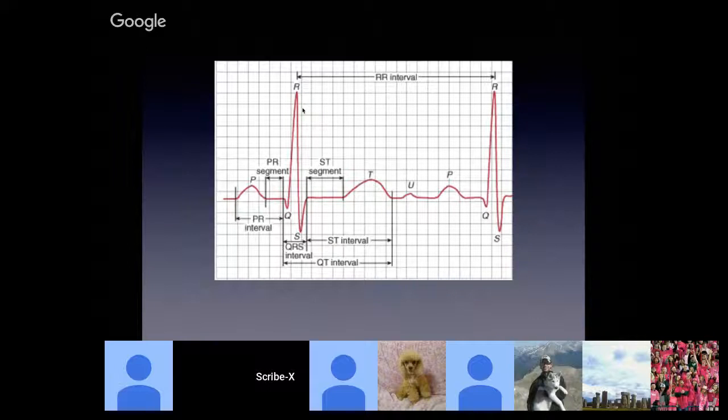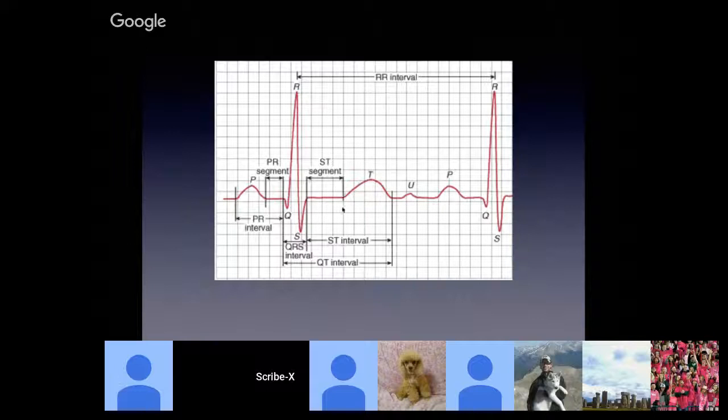S is the vertical downward component, and then the T wave. And the T wave happens usually after some very minimal delay. Often there's no delay. You go straight from the S wave into the T wave. And then once in a while, if there's some sort of electrolyte disturbance, for instance, you'll get a U wave. But you usually won't see a U wave unless there are interesting circumstances.